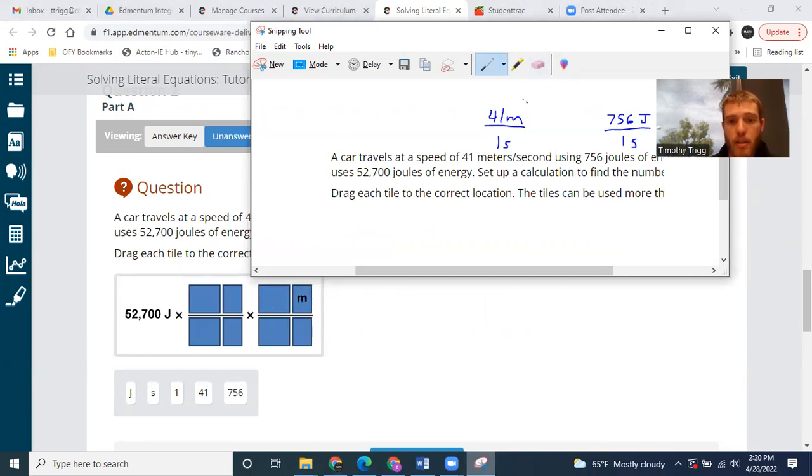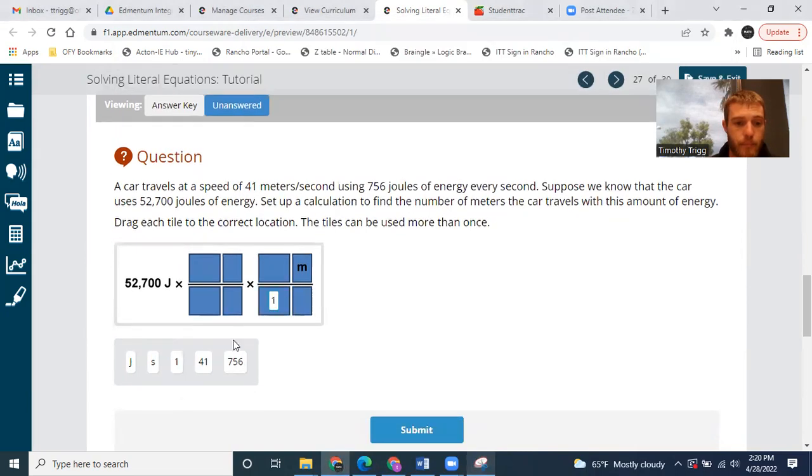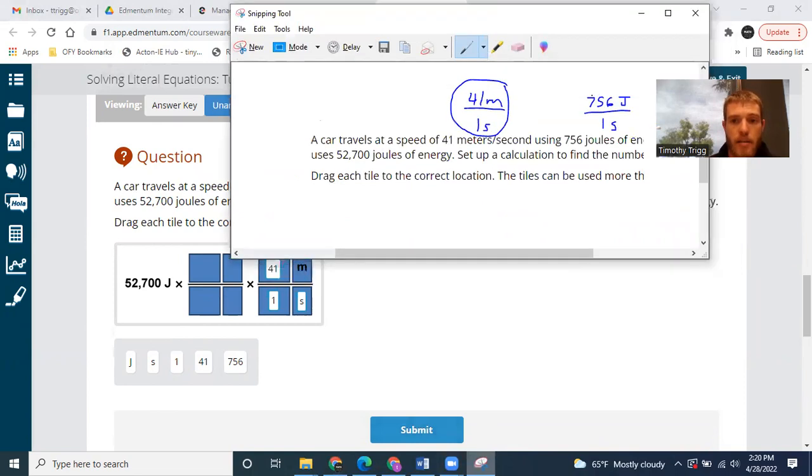Well, that means I'm going to use this ratio right here because I need that meters, right? 41 meters, 1 second. Okay, now this other fraction, I'm going to be using this 756 joules per second.